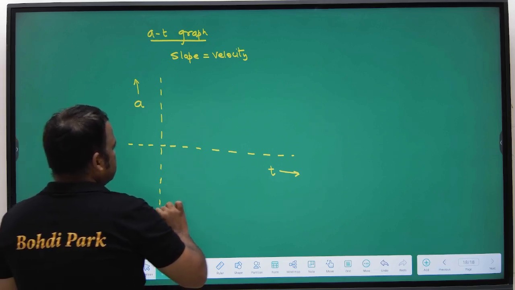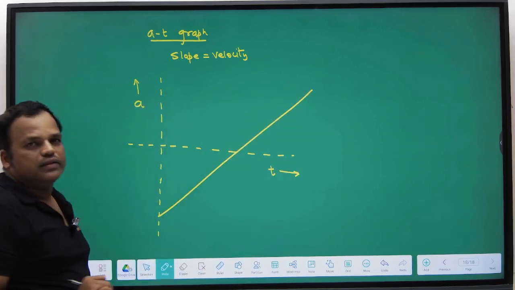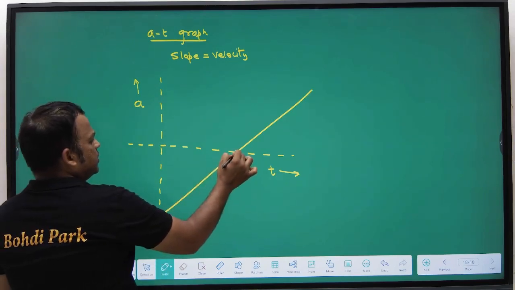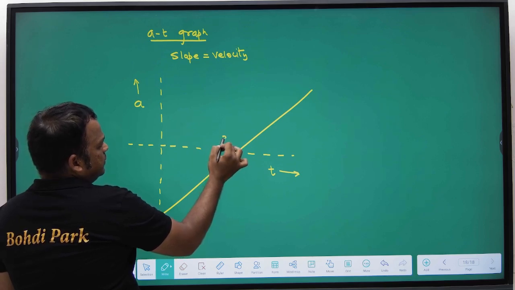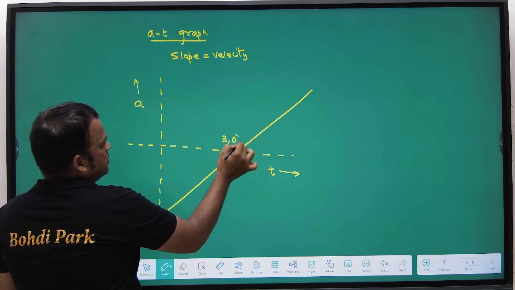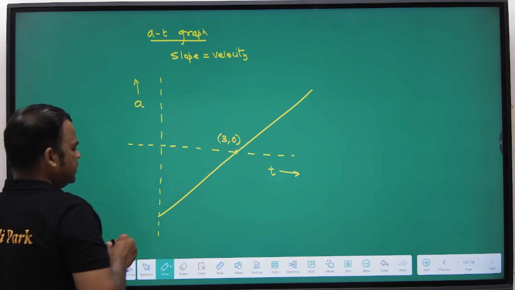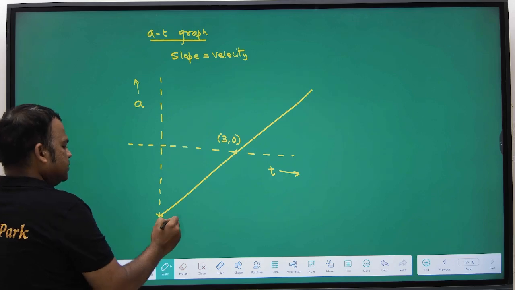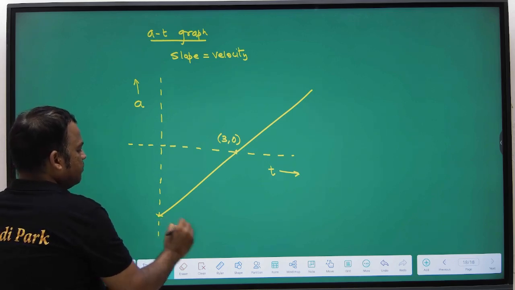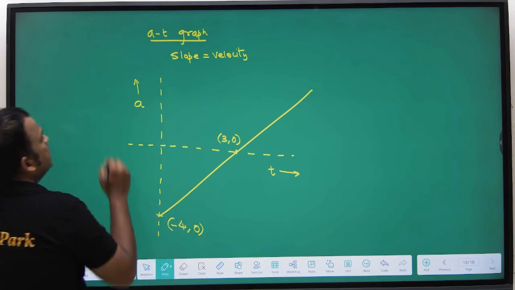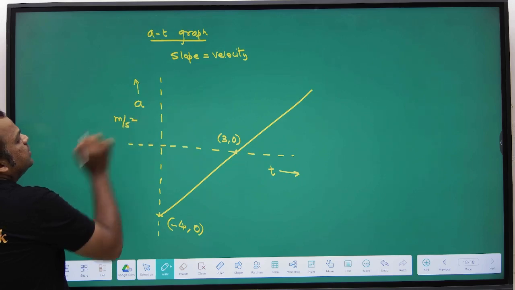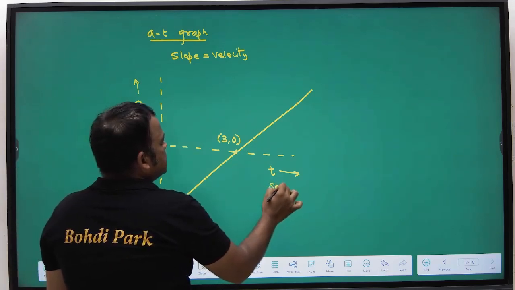And let's consider the straight line like this. Now for this point, let's consider it is 3 second, 0 meter per second square, and this point as minus 4 meter per second square, comma 0. The acceleration is in meter per second square and time is in second.